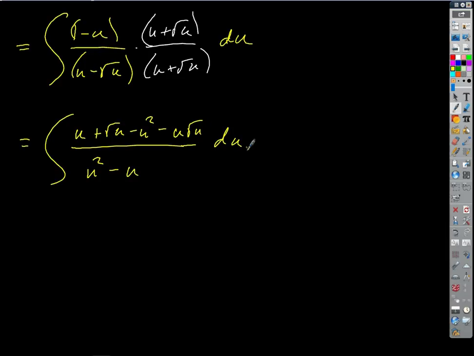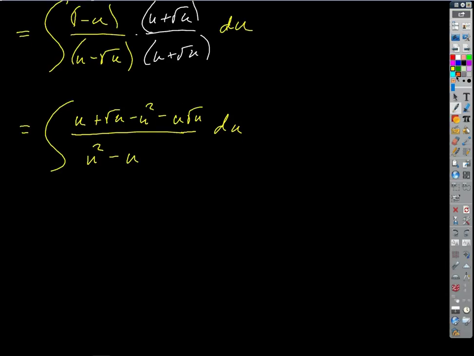And here's where we could maybe start to think about splitting this up into separate fractions. What if we group these two terms? Look at that. Those two terms, I'm just going to get negative u squared minus u over u squared minus u. They cancel, right?